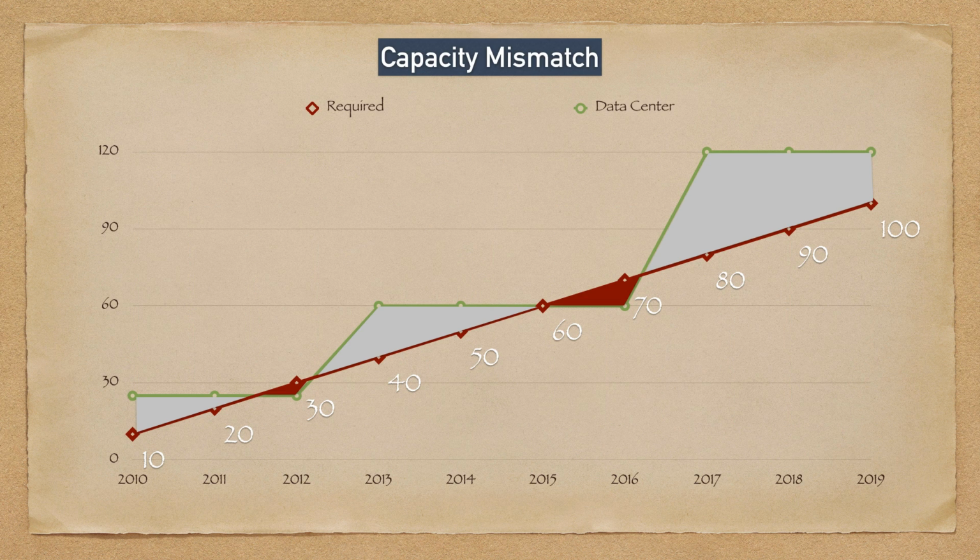So this is what it looks like. The light blue color is the excess capacity, all the money. Basically in 2010, you bought something, and the red is what you need. So in 2010, you had excess capacity. By 2012, you are in the red. You need more capacity, your machines are not able to serve.